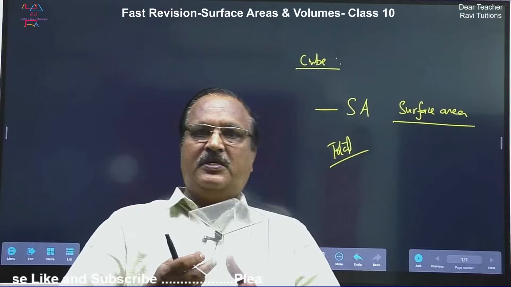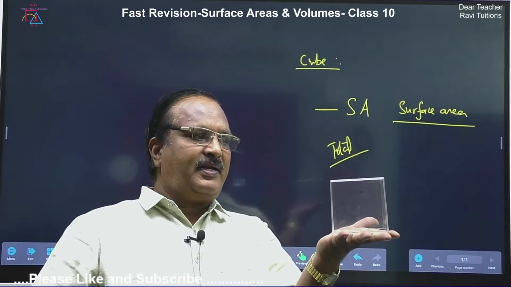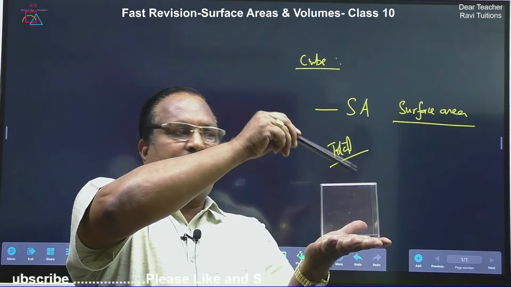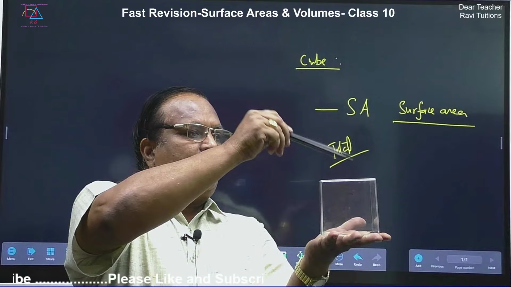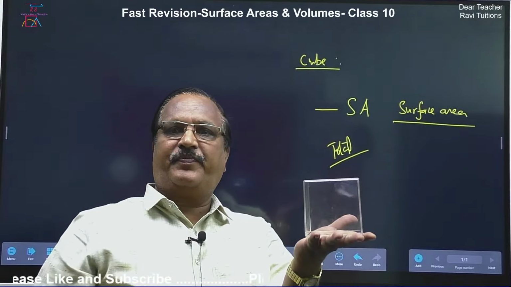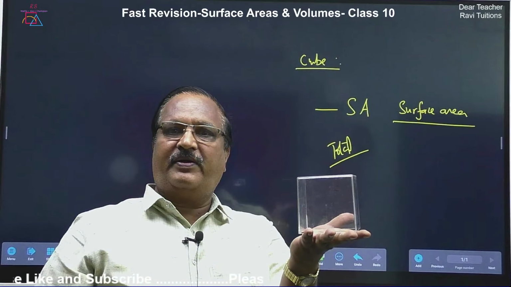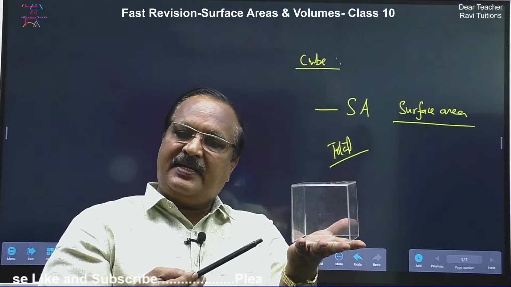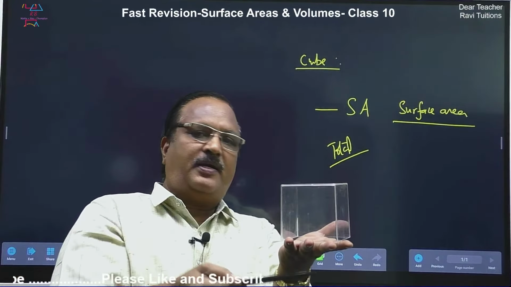For example, this is the cube. Lateral surface area means you have to remove the top and the base. Lateral surface area means the surface area which excludes the top and the base.